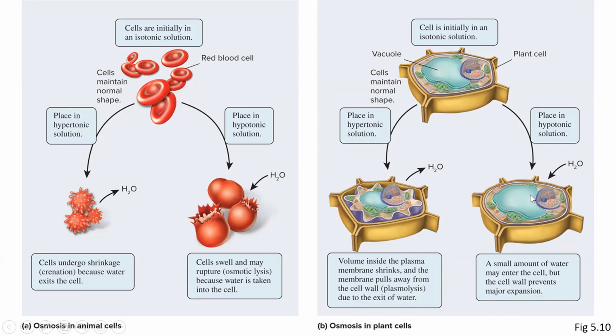So even if you get a lot of water or a little water, yes, you will have the increase in water if you place the cell in a hypotonic solution, or the decrease in the amount of water if you're placed in a hypertonic solution. But the plasmolysis and the expansion of the cell is not going to be what?